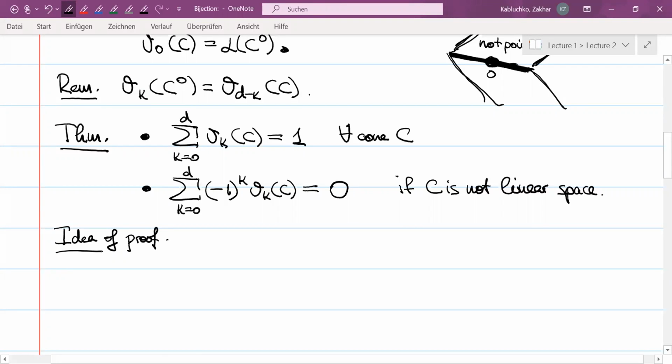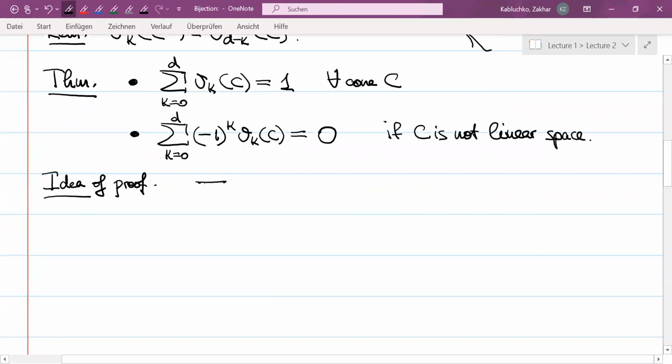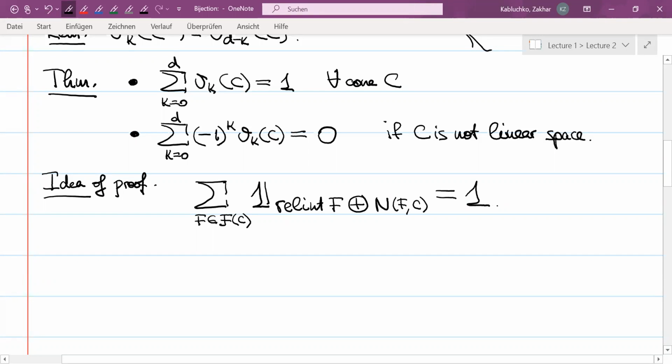Well, the first relation just follows from definition, but one can also write the following relation for functions: the sum over all faces F of C, of all dimensions, of the indicator function of the relative interior of F orthogonal sum the normal face of F is 1.